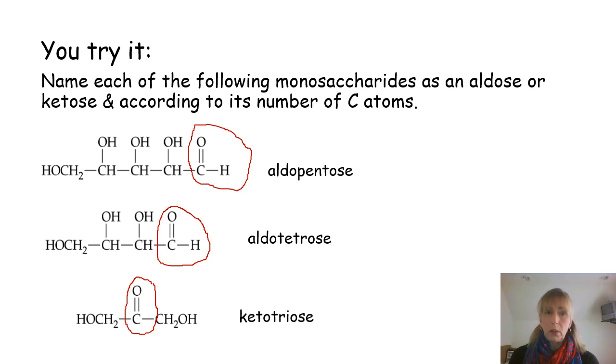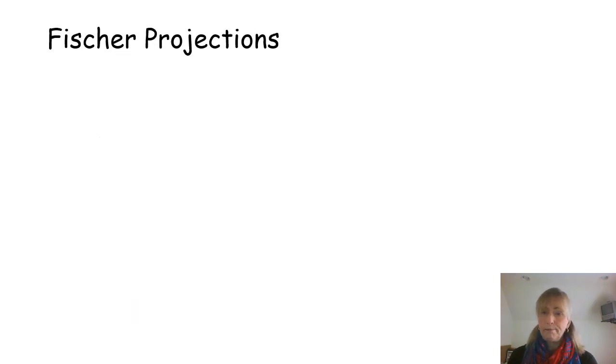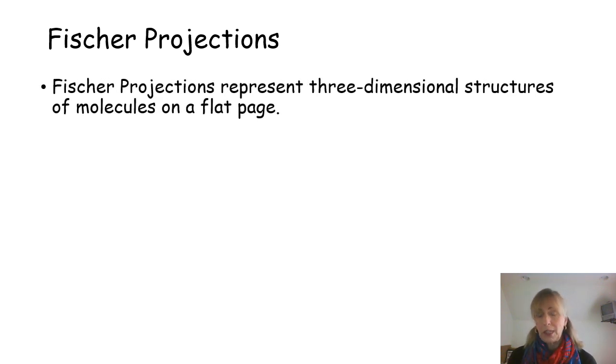Okay, so we move on to Fischer projections. Fischer projections are a means that chemists use to represent three-dimensional structures of molecules on a flat page. Remember back to when we talked about the carbon atom and its 4 bonds, all right?